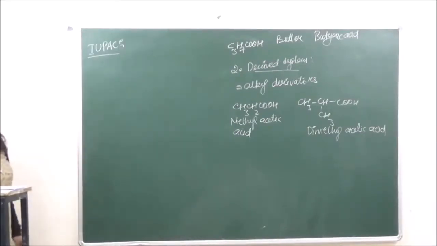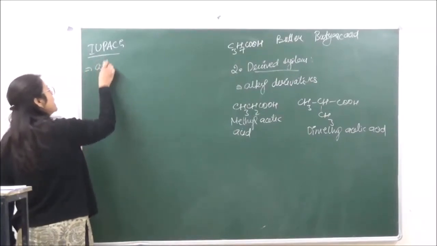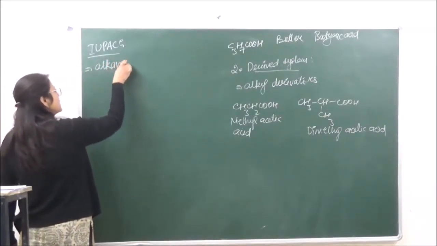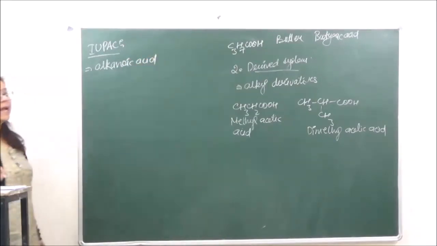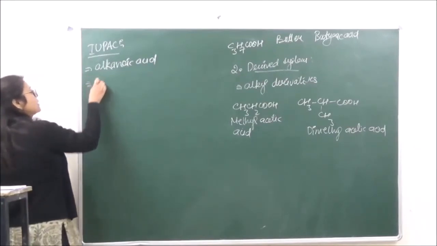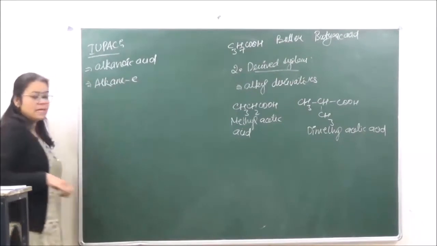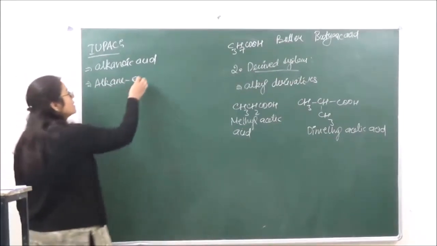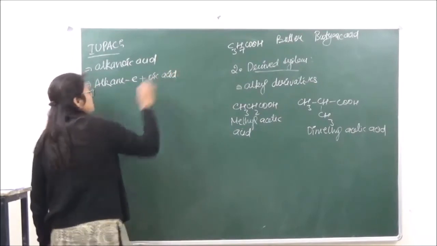According to the IUPAC system, the acids are named as alkanoic acid, which means alkane minus E plus oic acid.